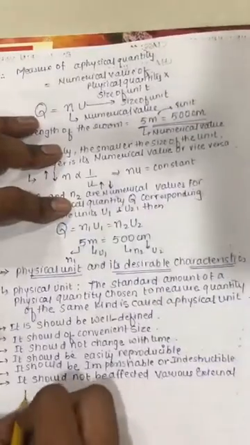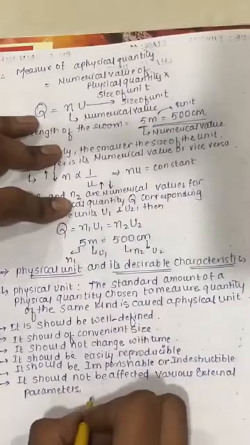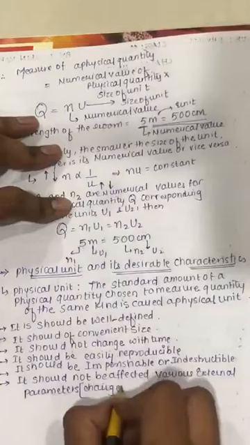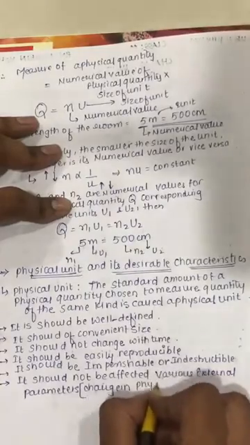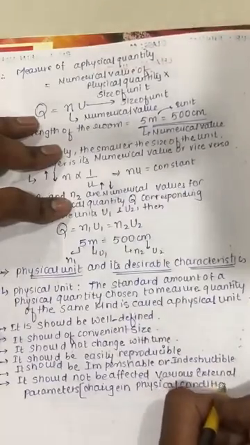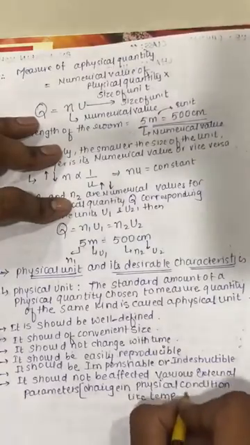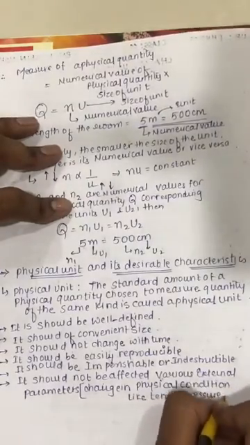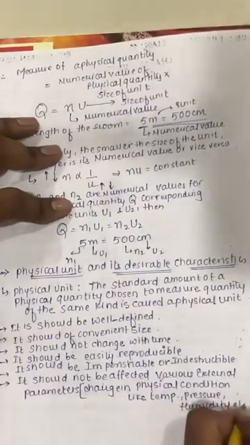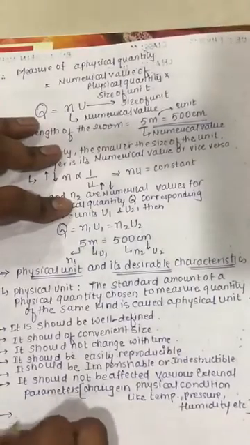Sir, what do you mean by external parameters? External parameters in the environment are what? Change in physical conditions, like temperature, pressure, humidity, etc. Clear?